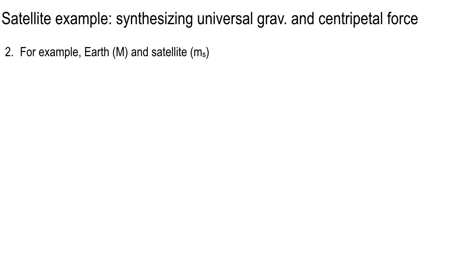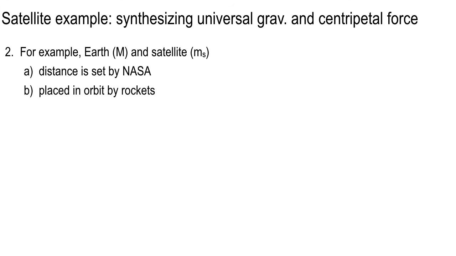All right, number two, we're going to work on a satellite example here together. Let's take a look at this. So we're going to put universal gravitation and centripetal force together. The ones that we're going to think about are the Earth, the mass of which is capital M, and then a spacecraft, a satellite that's orbiting Earth, and its mass is M subscript S. Now, NASA sets the distance to whatever it wants, so far above the surface of the Earth, or technically so far from the center of the Earth, and it uses rockets to put it up there in the orbit.